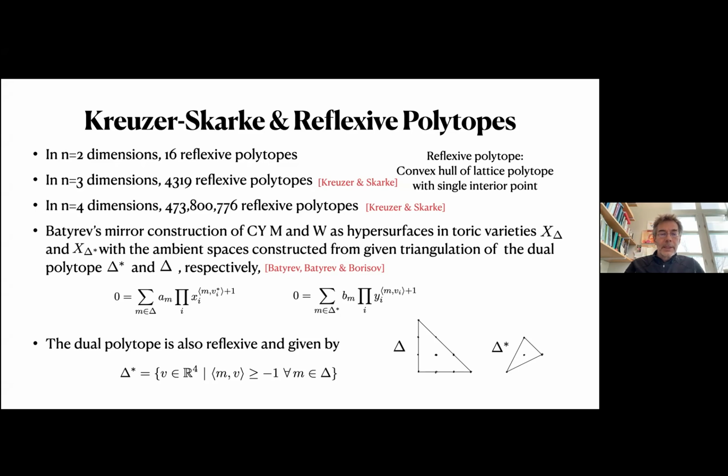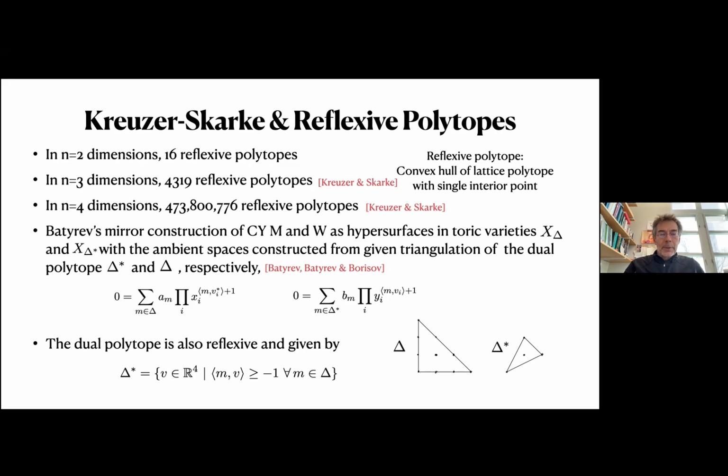And the idea is that given a toric variety, X delta, that toric variety is constructed by looking at a given triangulation of the dual polytope delta star, and then by mirror symmetry, there's another hypersurface W in a different toric variety X delta star, which is obtained by triangulating delta instead of delta star.